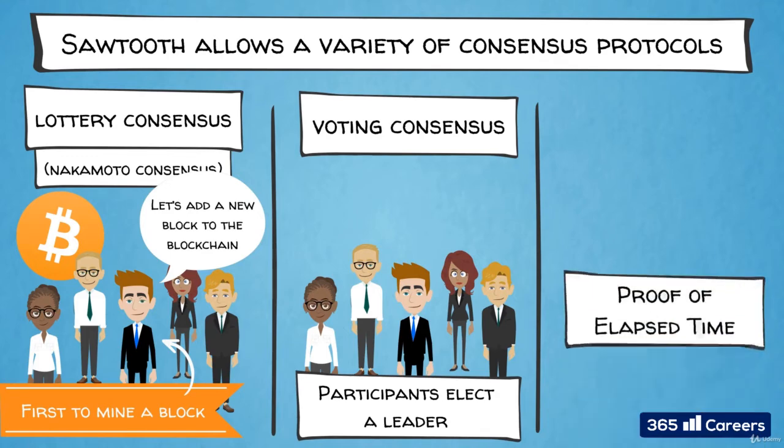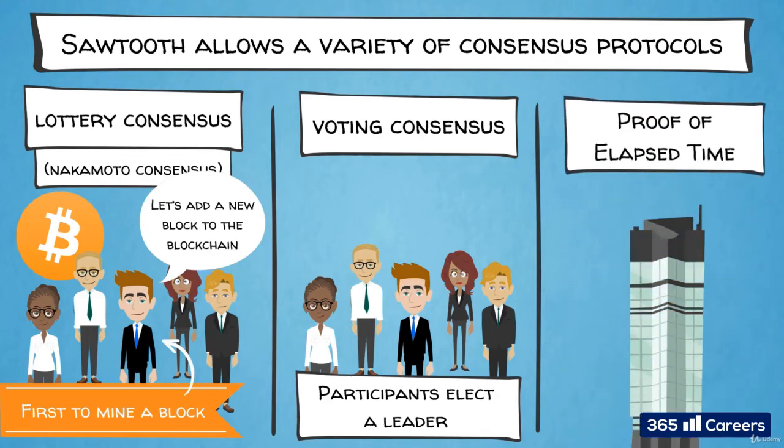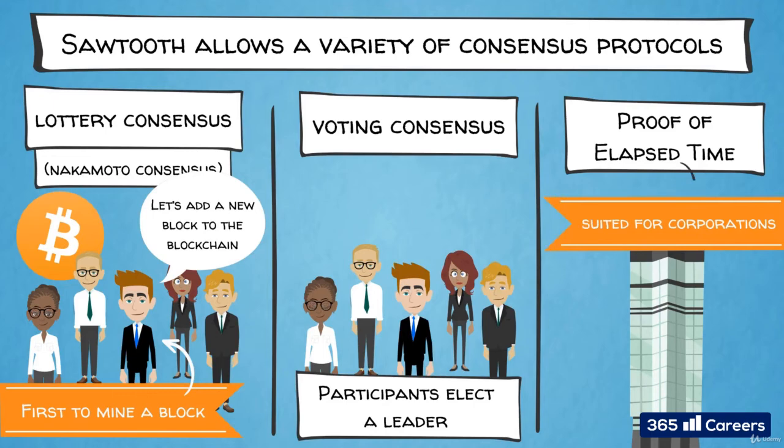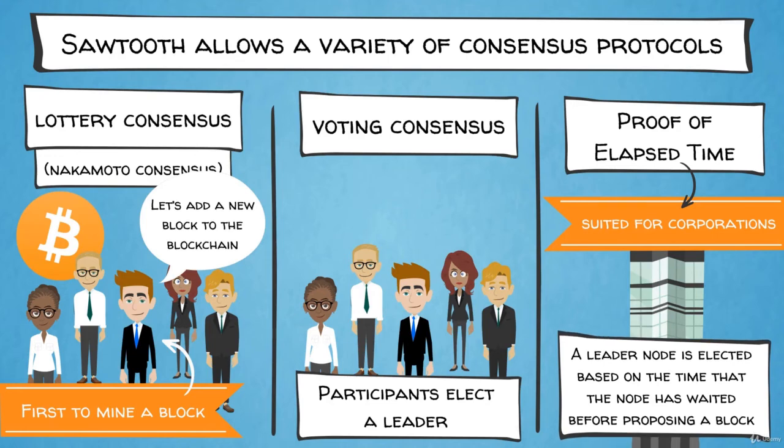The novel consensus algorithm Sawtooth proposes and adds to its stack is proof of elapsed time, or POET for short. It is a Nakamoto-style consensus algorithm designed for trusted enterprise environments. It allows a leader node to be elected randomly based on the time that the node has waited before proposing a block.